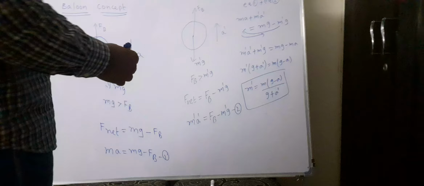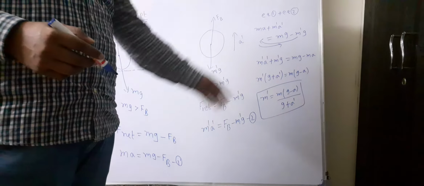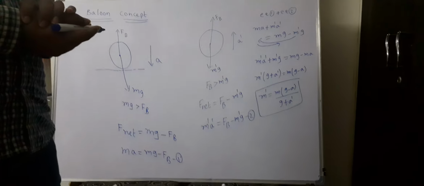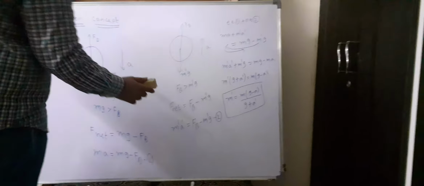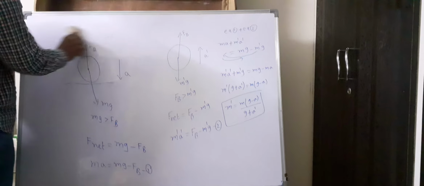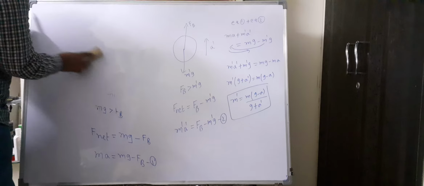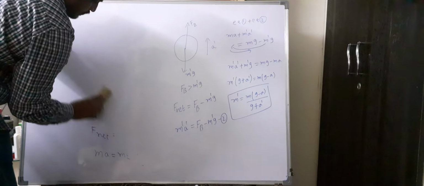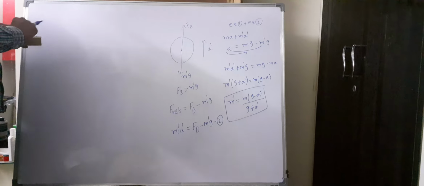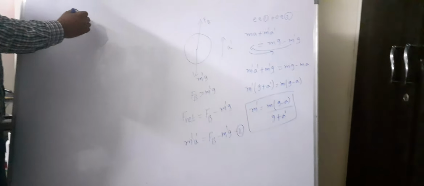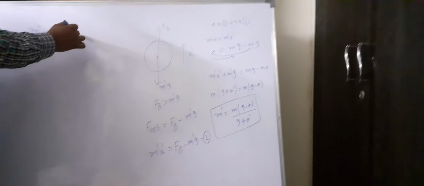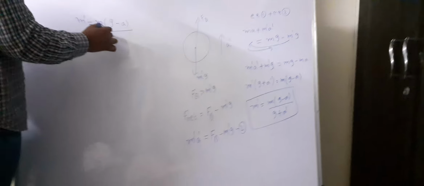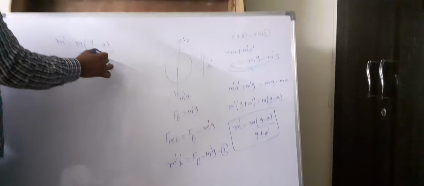And in the balloon, some mass is removed. The remaining mass is m dash. What is the formula for the remaining mass? m dash equal to m into g minus a, whole divided by g plus a dash.